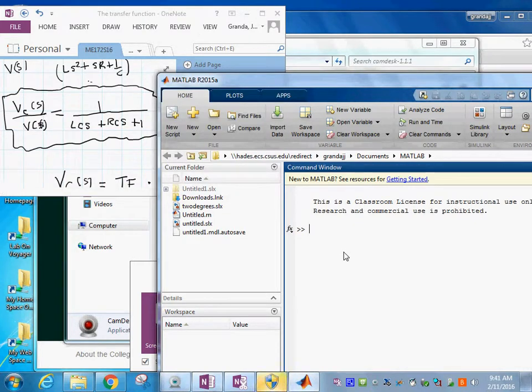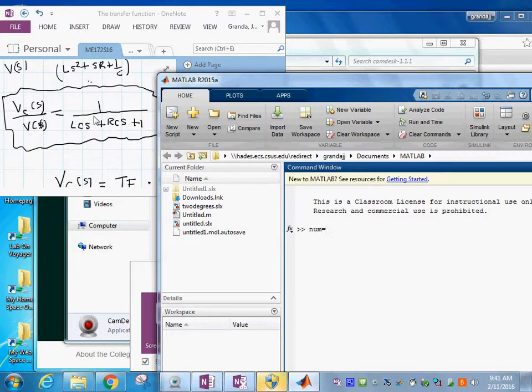So you enter the numerator, and for the C element, we're going to use 1 farad. So this is 1 over C in here. Do we have 1 over C? I think so. So in this case, we'll just do a 1.